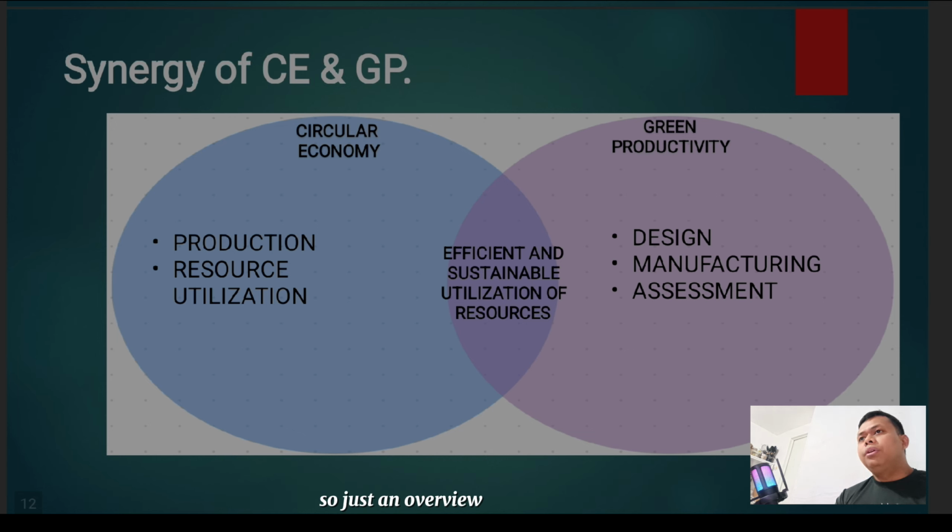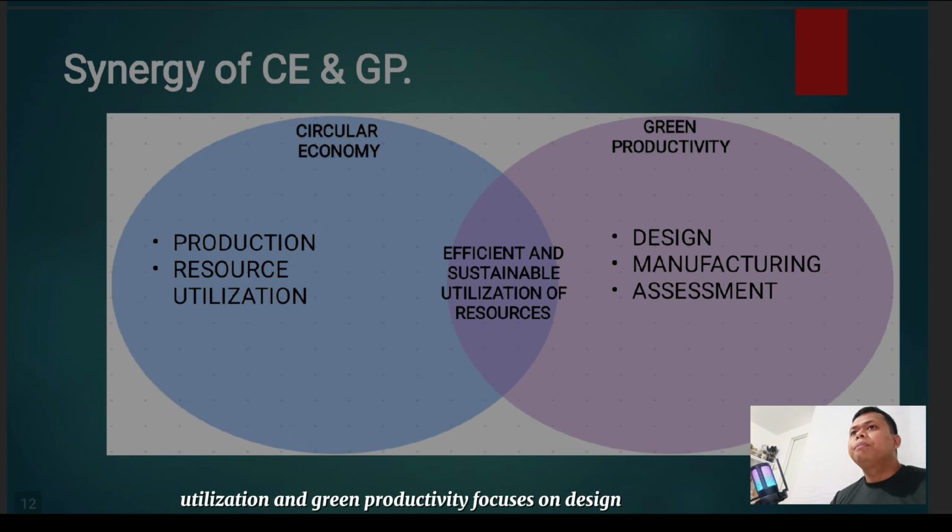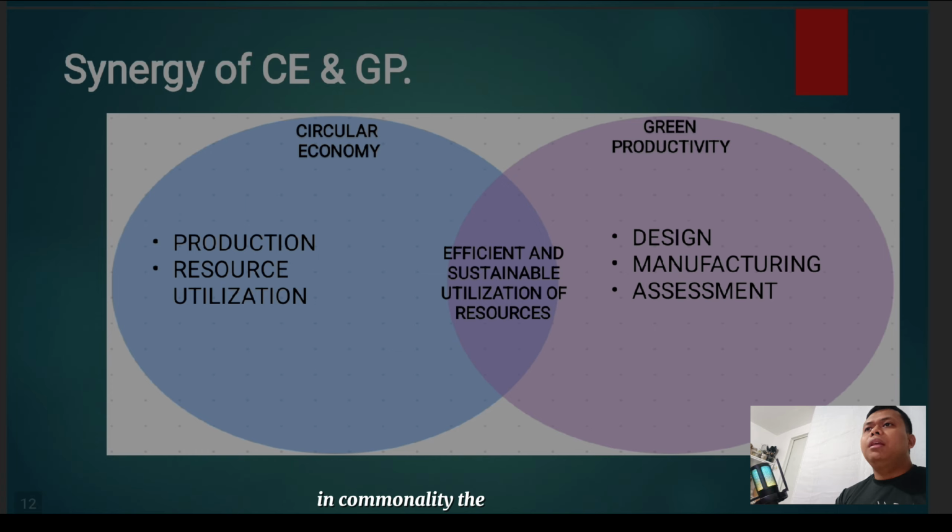So just an overview: circular economy focuses on production and resource utilization, and green productivity focuses on design, manufacturing, and assessment. So in commonality, the main goal of circular economy and green productivity is basically the efficient and sustainable utilization of resources.